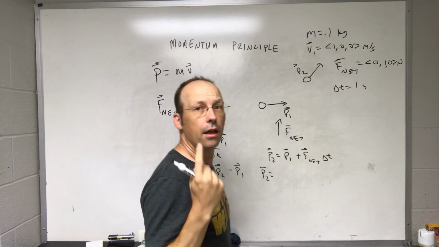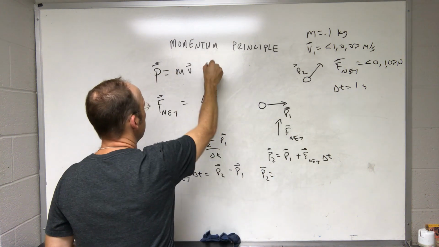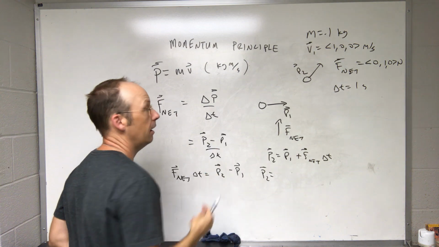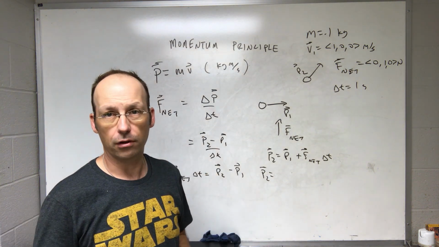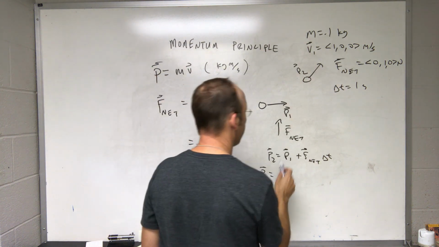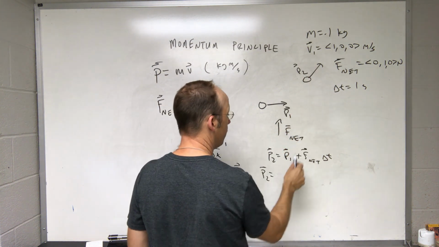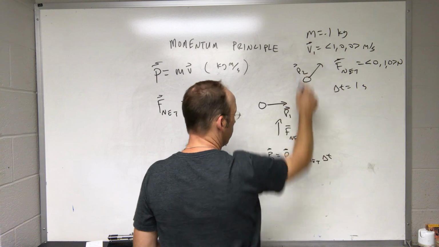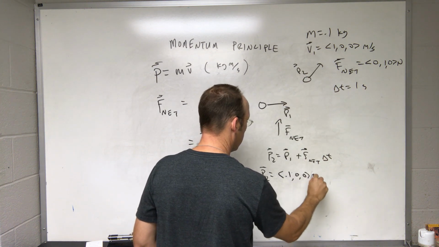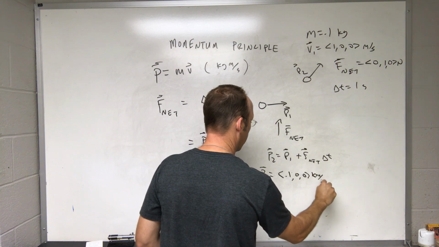The units for momentum are kilogram meters per second, and there are no special units for that other than that. I know it's weird. But okay, so P1 is going to be equal to 0.1 kilogram meters per second.